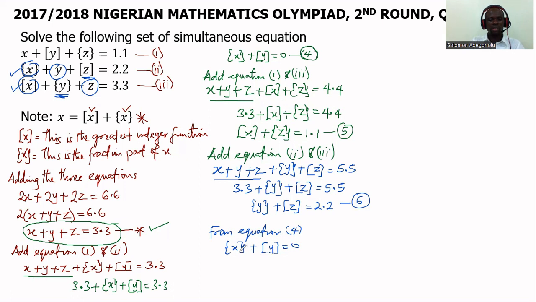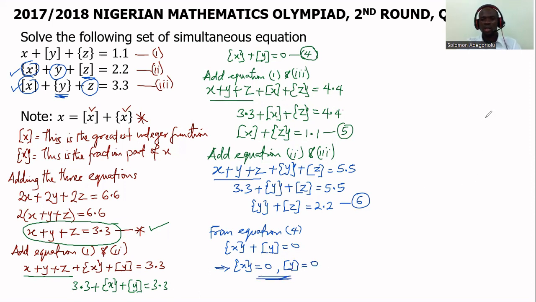Meaning if the addition of these two is equal to 0, it's going to give us 0 plus 0, which is 0. So this implies that the fraction part of x is equal to 0, and the greatest integer of y is also going to be 0. So take note of this.